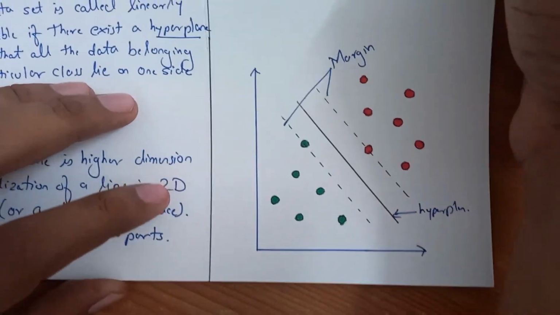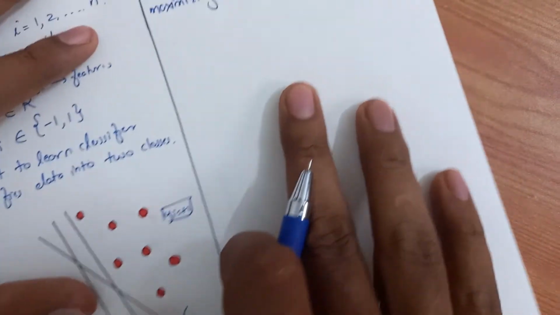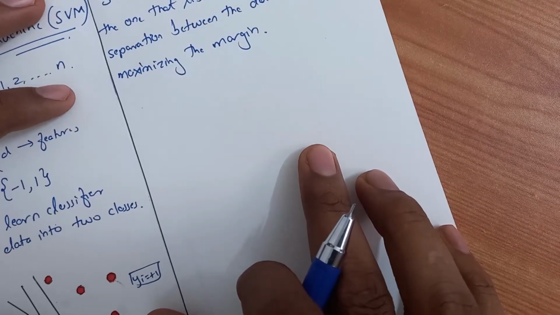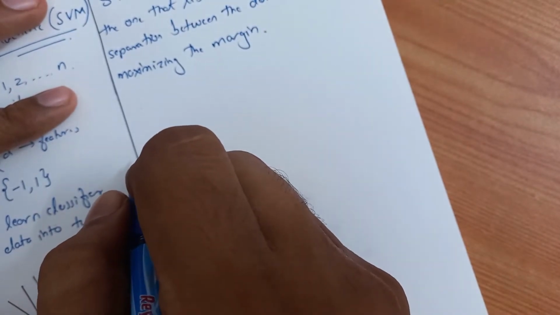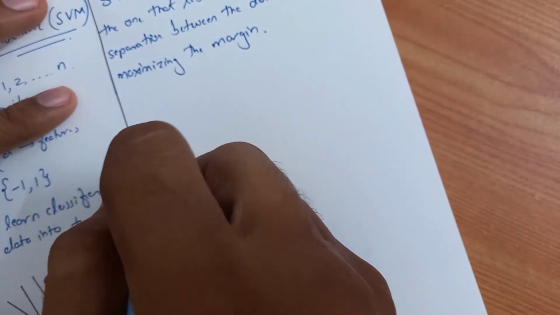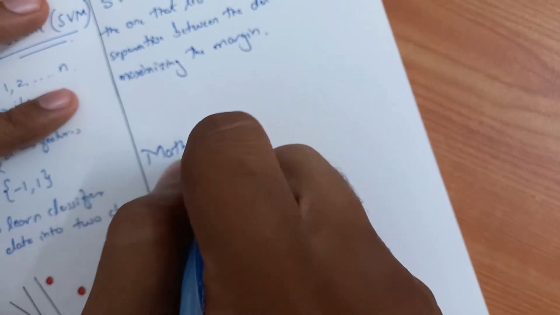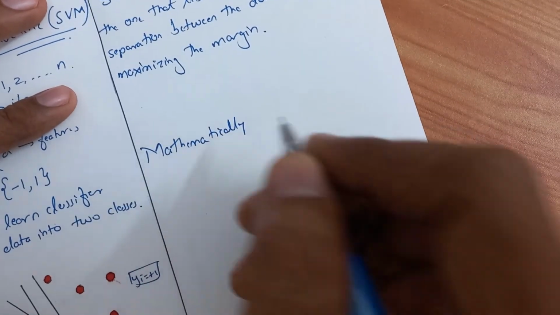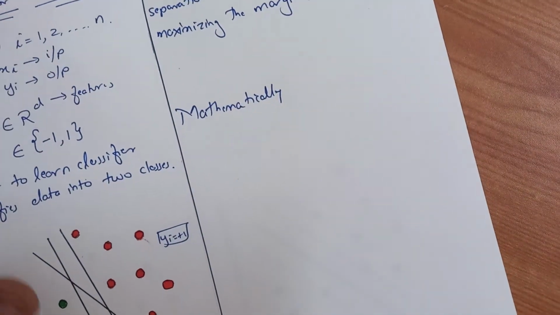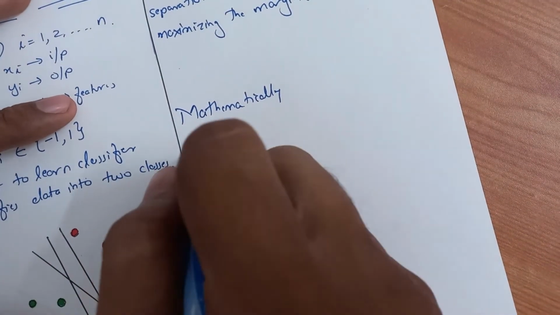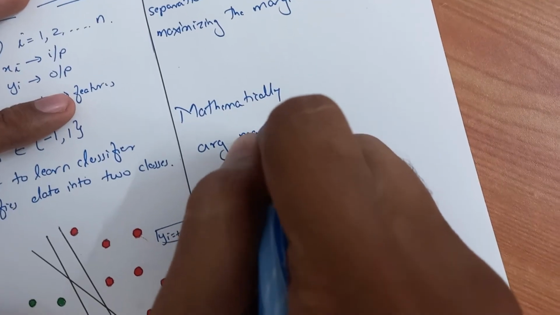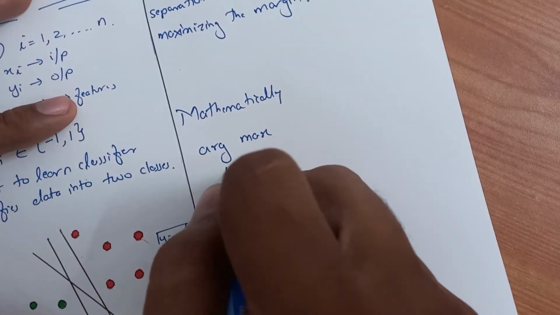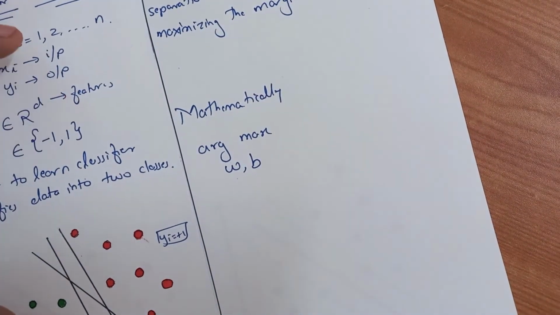Now mathematically, what the SVM algorithm says is that we have to come up with an argmax over two arguments, that is W and B. What is W?